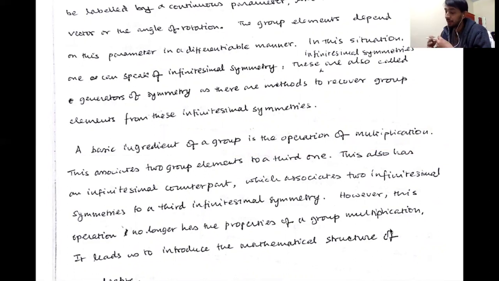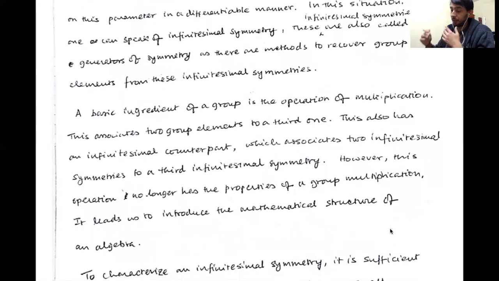So there is also an infinitesimal counterpart of this, where two infinitesimal symmetries actually give a third infinitesimal symmetry. But this particular operation of infinitesimal symmetries, as we will see going forward, does not really require all the properties of a group multiplication. We will see this as we go ahead.